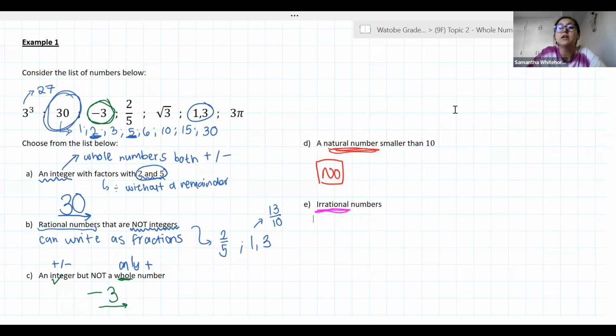Okay, fine. So irrational numbers are essentially our numbers that are not rational. And we know that rational numbers we can write as fractions. So irrational means we can't write them as fractions. So any number that has a whole long decimal that just keeps going, with no pattern to the decimal, is an irrational number.